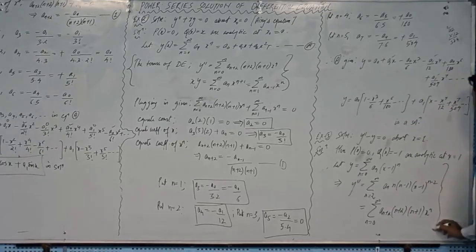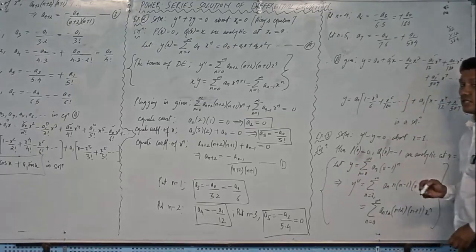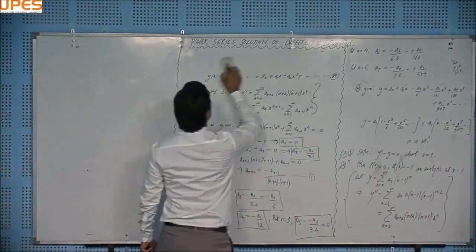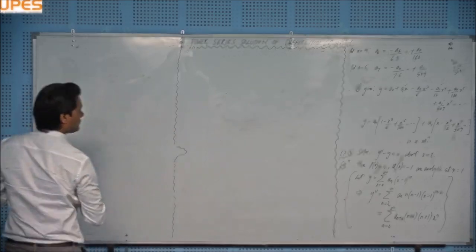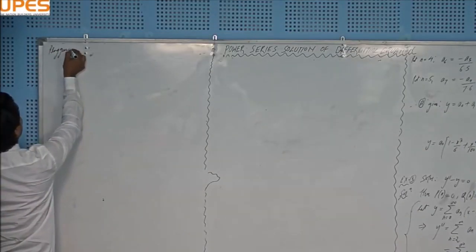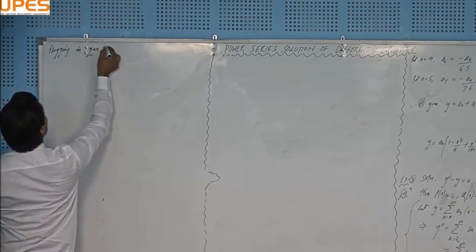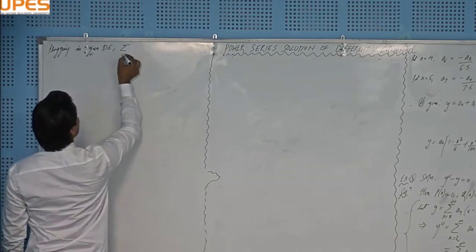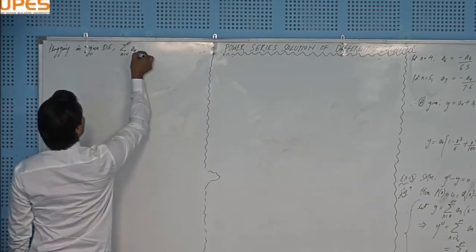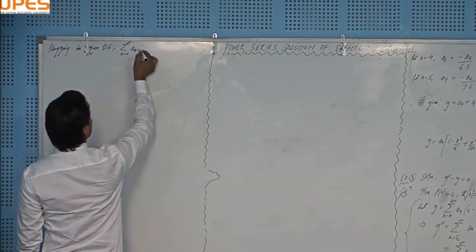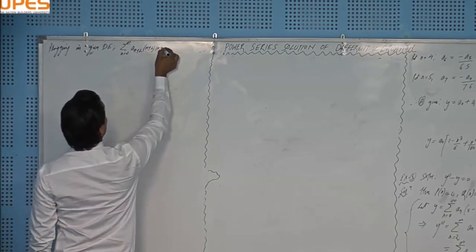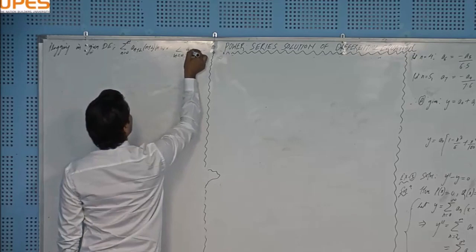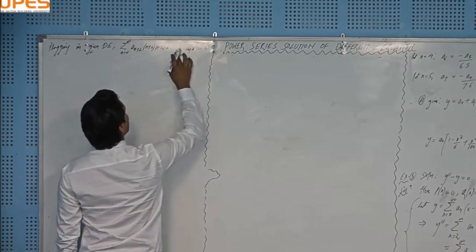So plugging these values here in my differential equation, plugging in given differential equation will give you summation n equal to 0 to infinity a n plus 2 n plus 2 n plus 1 x to the power n minus summation n equal to 0 to infinity a n x to the power n equal to 0, right?